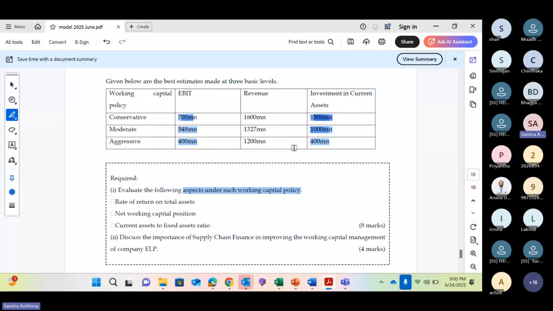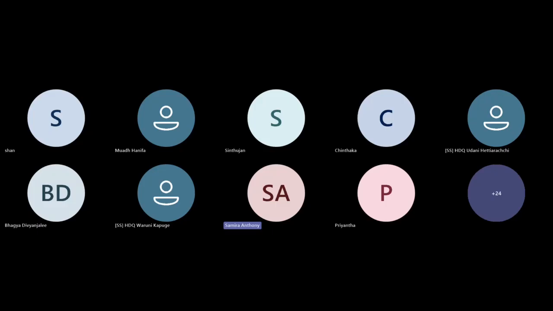Hanifa, remember it. Yes, sir. The current pre-seen has given some, remember they have given some, I will show you. This is an additional thing for you, right?